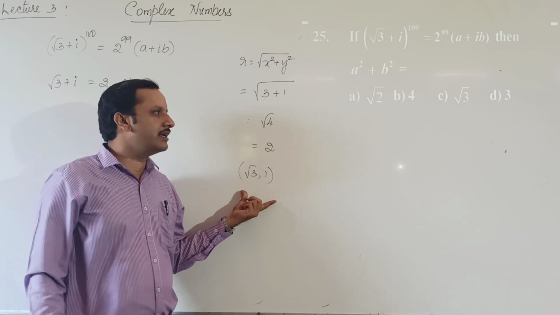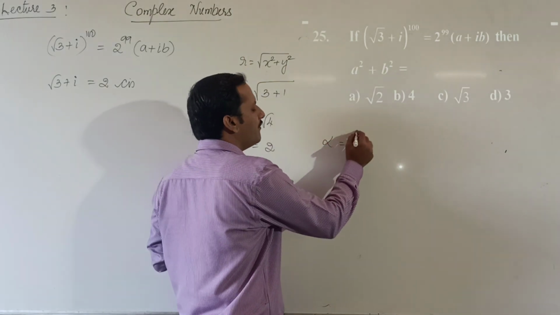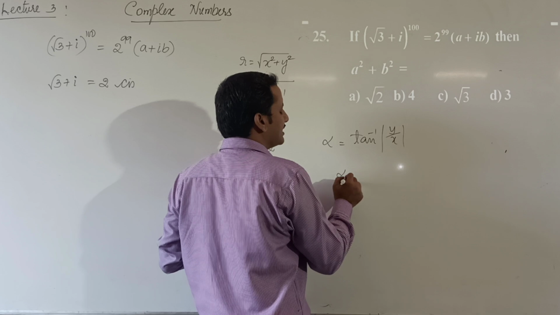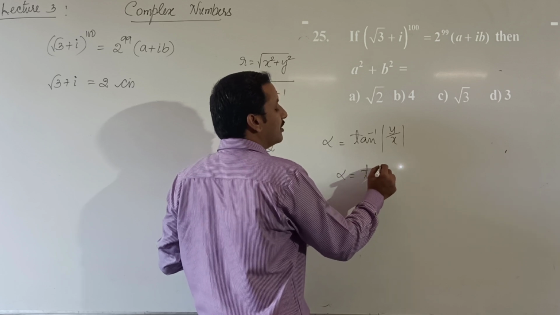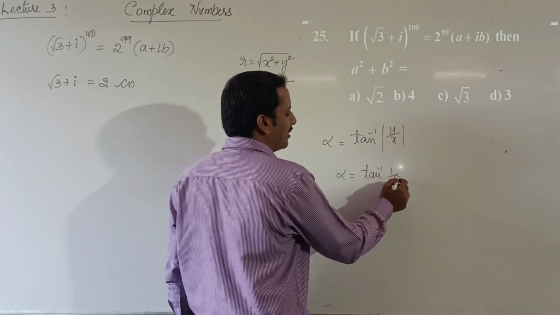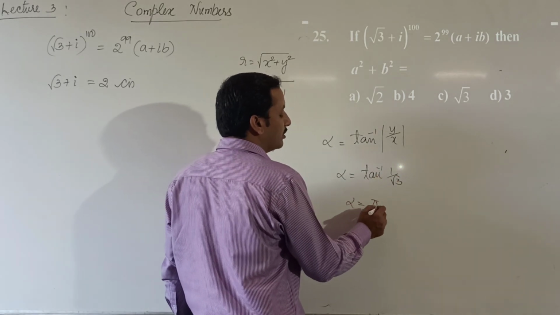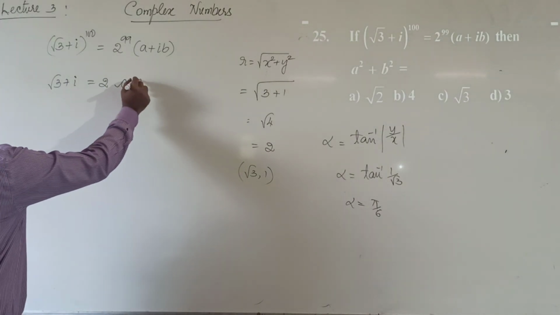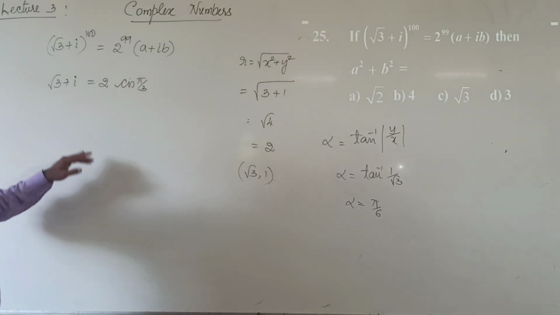Alpha is nothing but tan inverse of modulus of y by x. So in this case, alpha is equal to tan inverse of y by x, 1 by root 3. Modulus of 1 by root 3 is 1 by root 3 only. Tan inverse 1 by root 3 is equal to pi by 6. Correct. So this is equal to 2 into cis pi by 6.